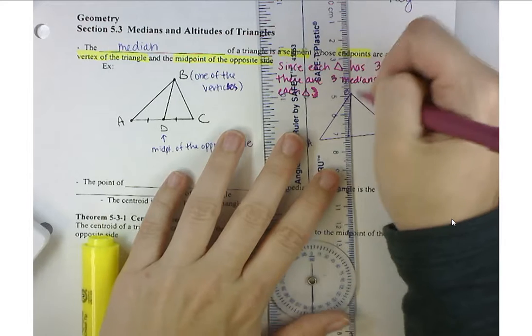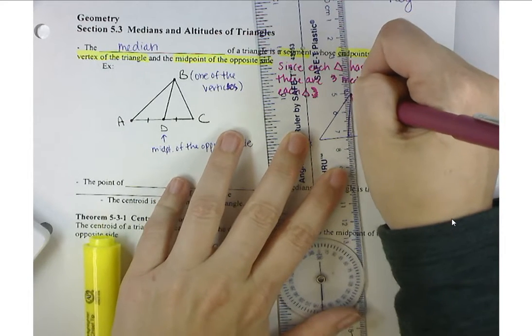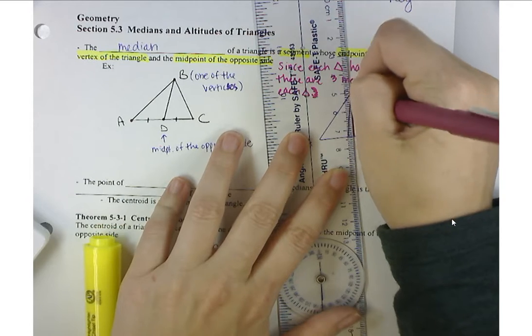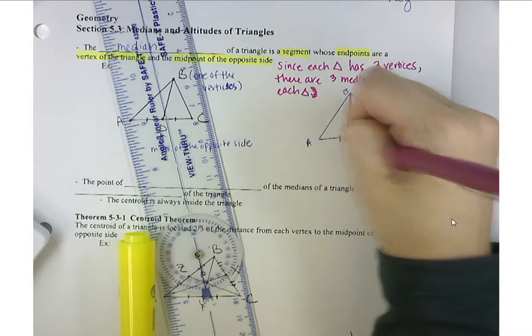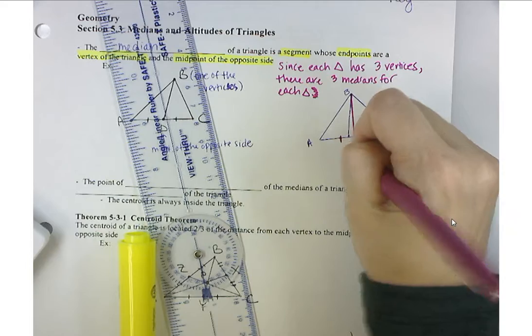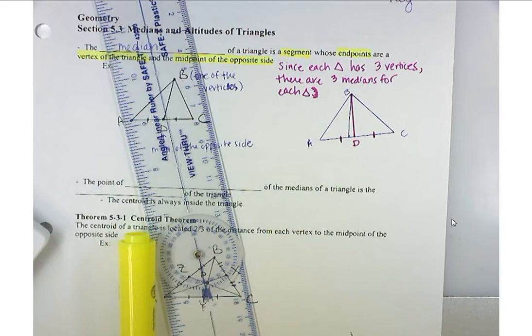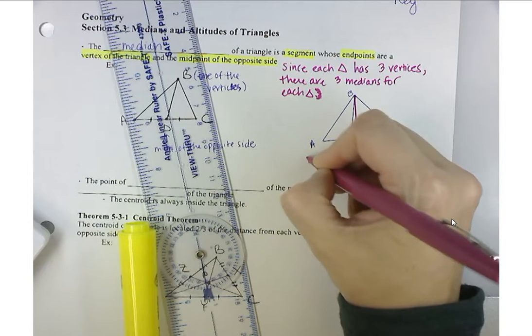Okay, so I'm going to try it again. Does that one look better? Does that look like these sides would be congruent here? Yeah. Okay, so we're going to call this D. So BD is a median.